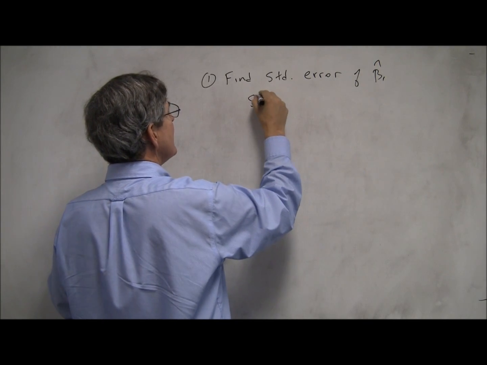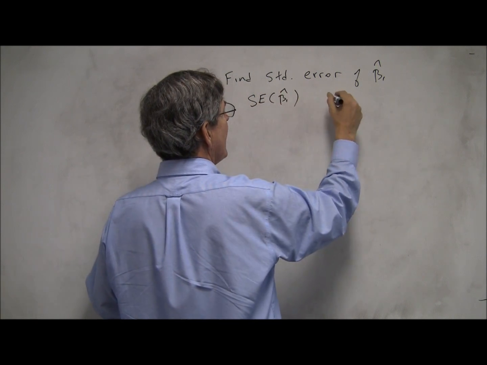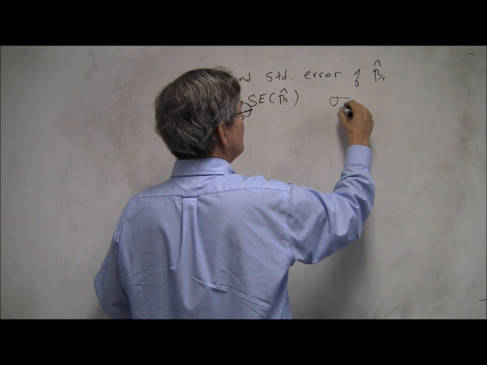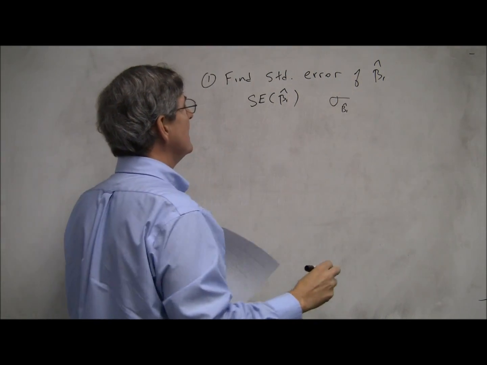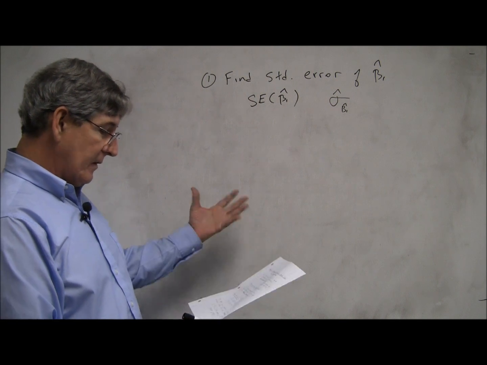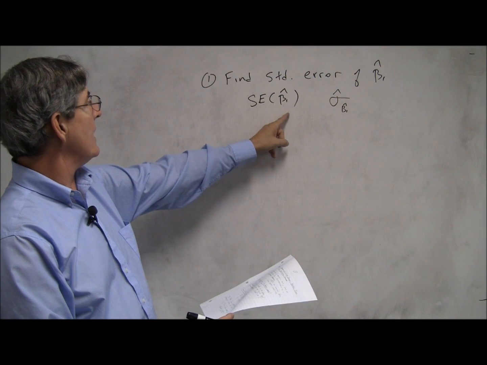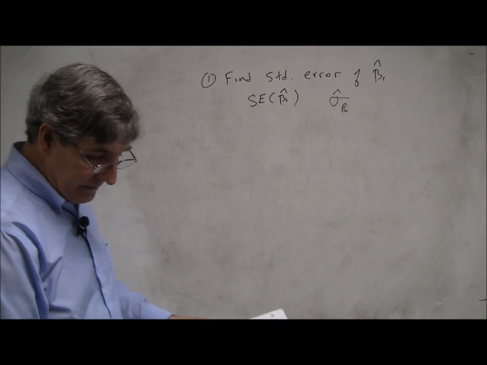The book often says SE of beta 1 hat. Another way to write that is sigma of beta 1 hat. The estimated standard error is sigma hat of beta 1 hat. So we first have to estimate the standard error of beta 1 hat. So we need an estimate of that.